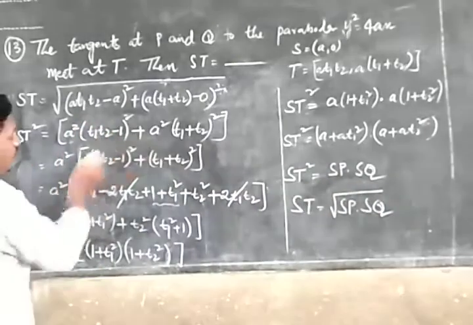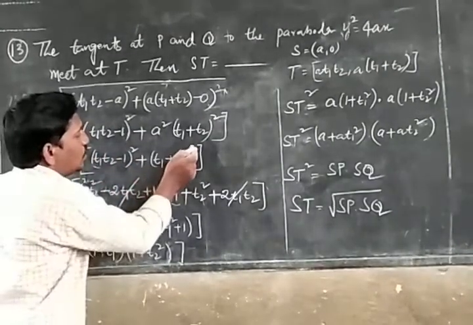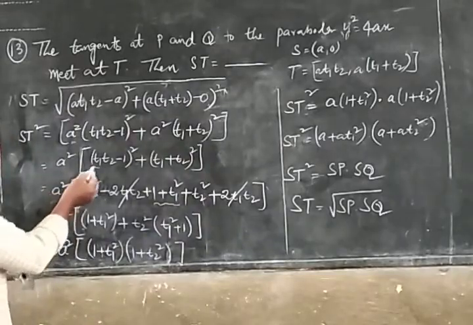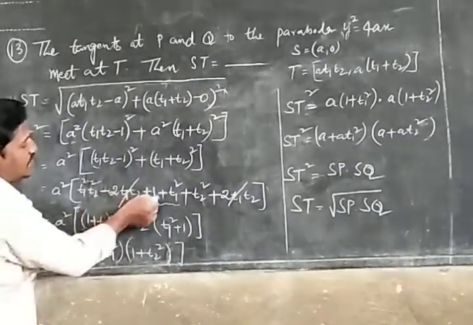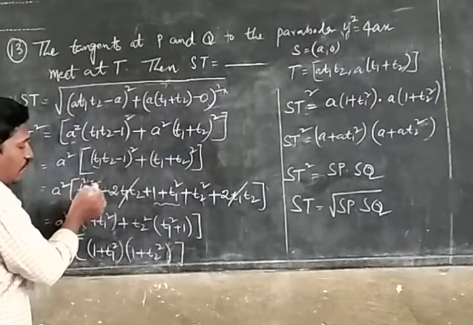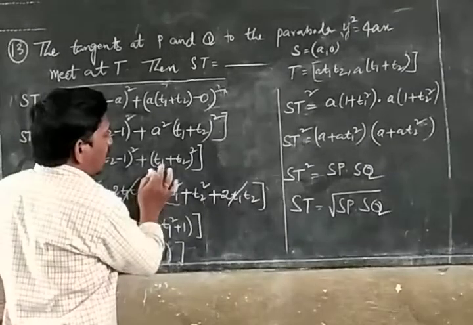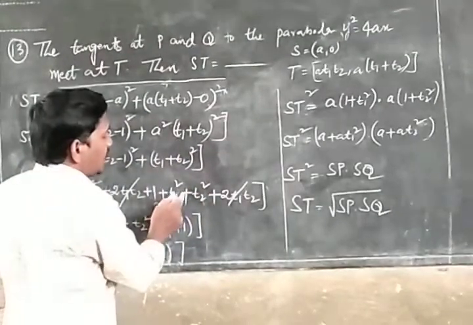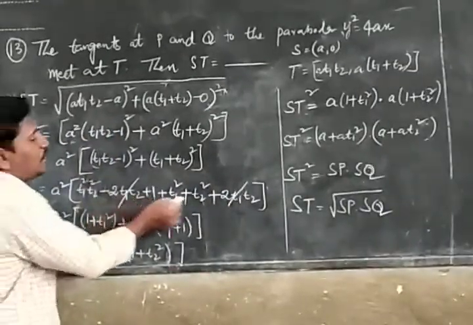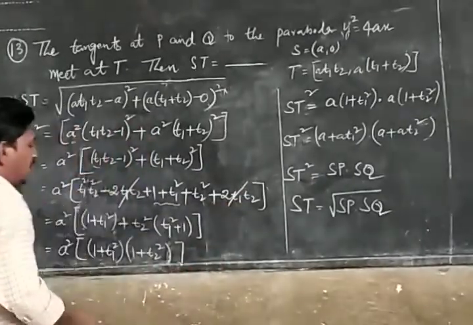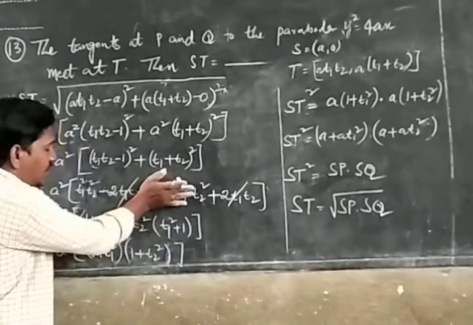Common out a square: (t1 t2 minus 1) whole square plus (t1 plus t2) whole square. (a minus b) whole square means a square minus 2ab plus b square: t1 square t2 square minus 2 t1 t2 plus 1. Now (a plus b) whole square: t1 square plus t2 square plus 2 t1 t2. Minus 2 t1 t2 plus 2 t1 t2, both are cancelled. The remaining 1 plus t1 square remains same.